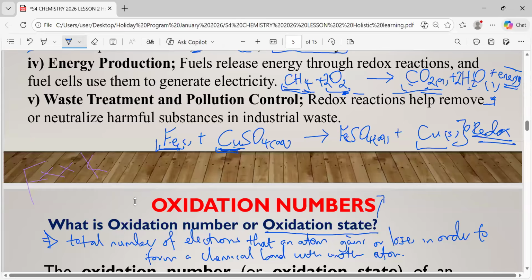Okay, thank you. That is Alia who is saying that oxidation number is the total number of electrons that an atom gains or loses. What about valence? Alia, yes, what about valence? How do you define valence?